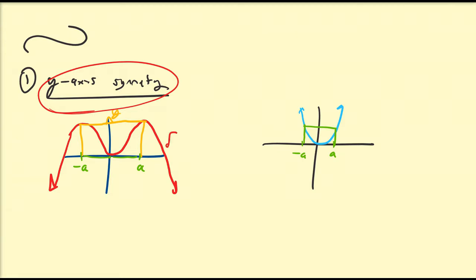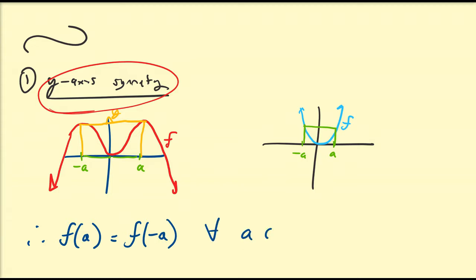If we give these curves names such as f, then f of A is going to be equal to f of negative A. And this has to be for all A inside of the domain of the relation. We're going to be primarily focusing on functions because that's typically what we discuss in the early mathematical courses.